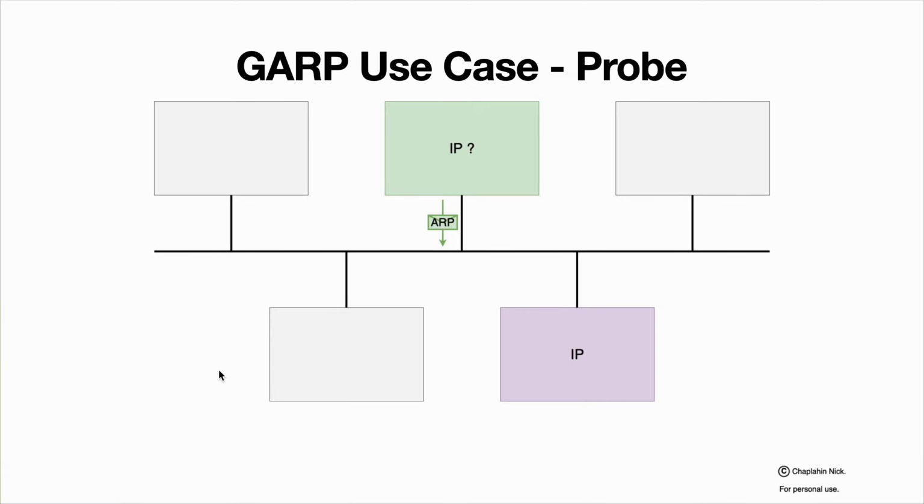The most standard GARP use case is probe. So imagine that our device or its interface appears ready for participation in the network and applies an IP address. This could be manually configured or received by DHCP or by any other procedure.